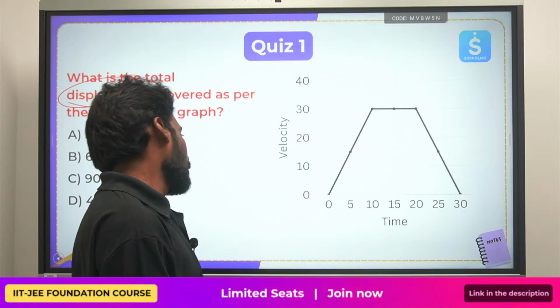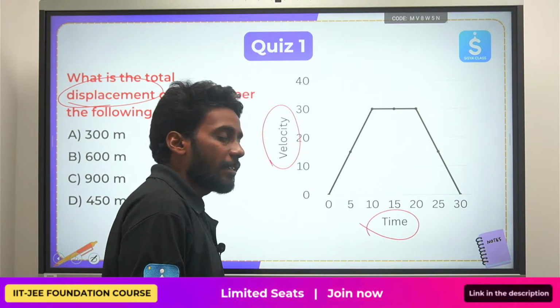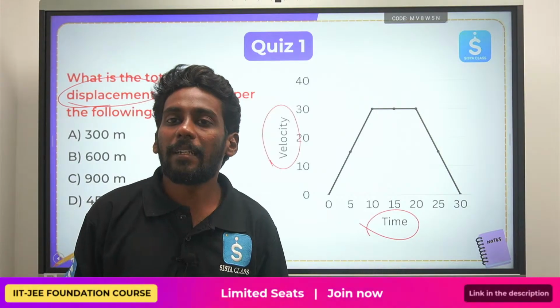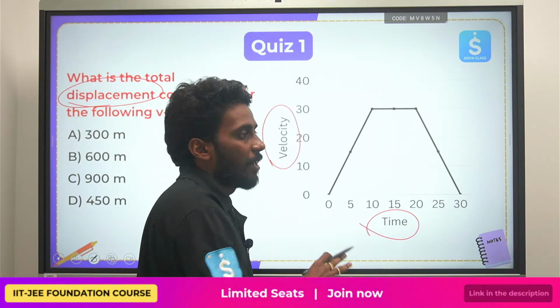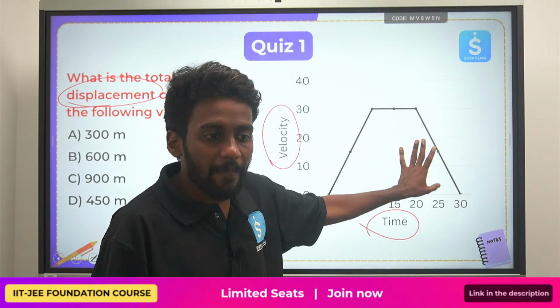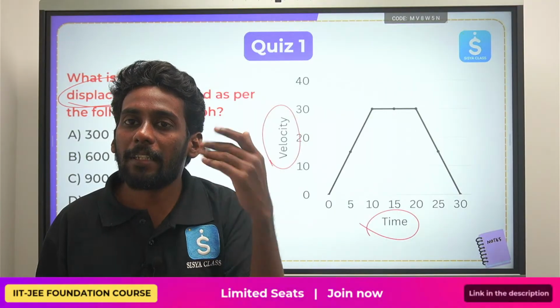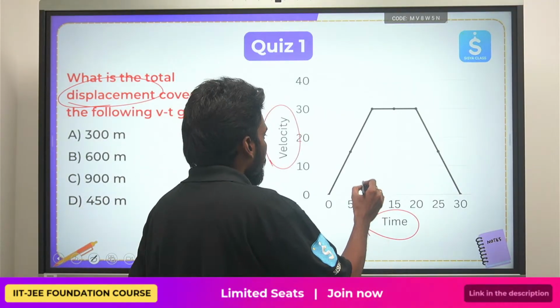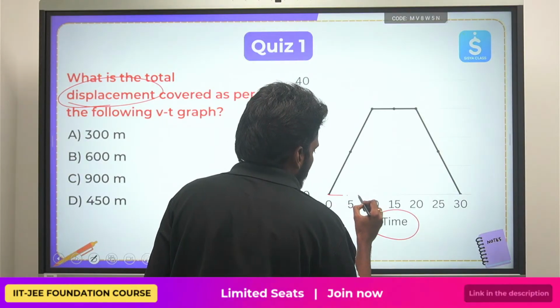I already told you, if there is a velocity time graph, the displacement is nothing but the area under this velocity time graph. So if I find the area of this graph, I can find the displacement.